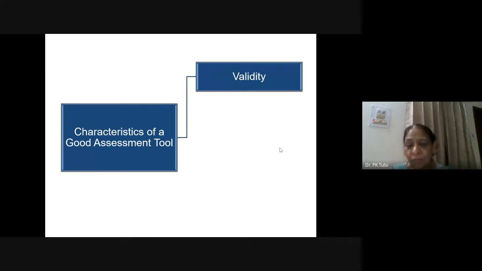Even if you give half a mark to one advantage or one disadvantage, at the most you can expect 4 from the learner. So that intention is not made clear to the learner. Somebody is writing 6, somebody is writing 2, somebody is writing 4, and then depending upon your own whims and fancies, you are giving the marks. So that means you are decreasing the validity of your test.